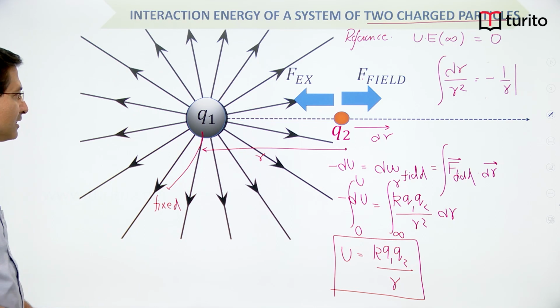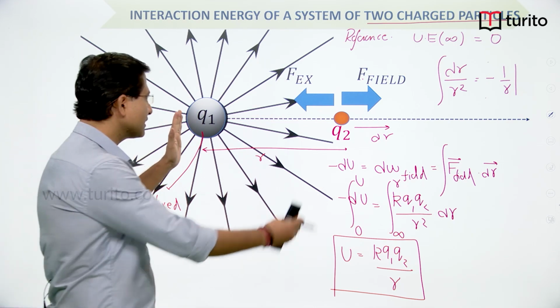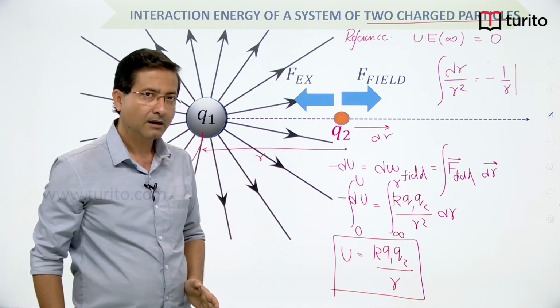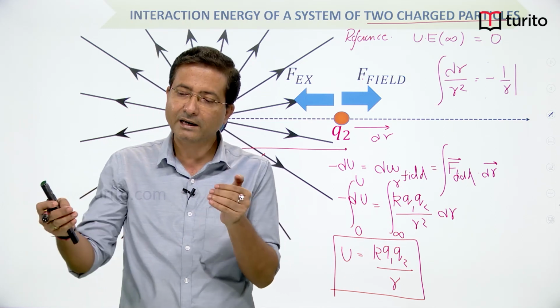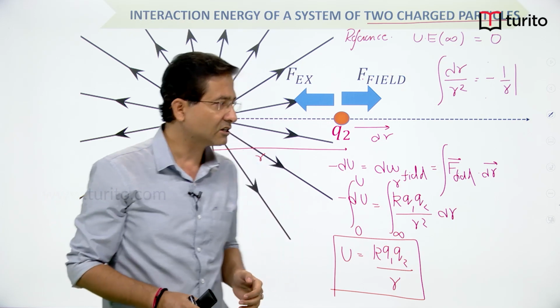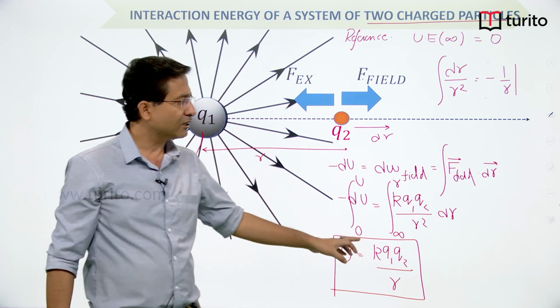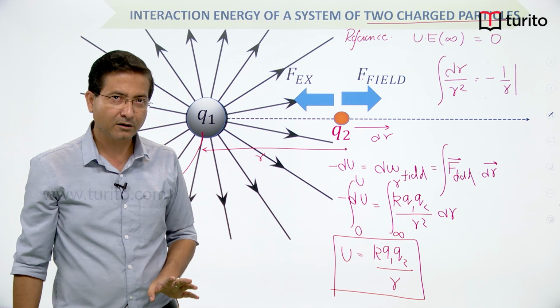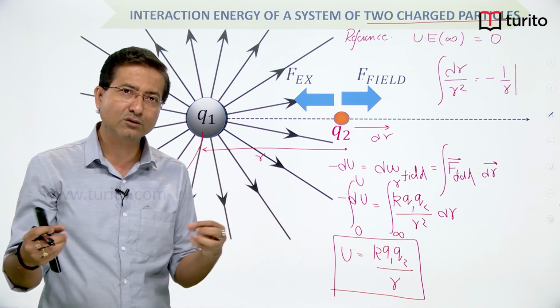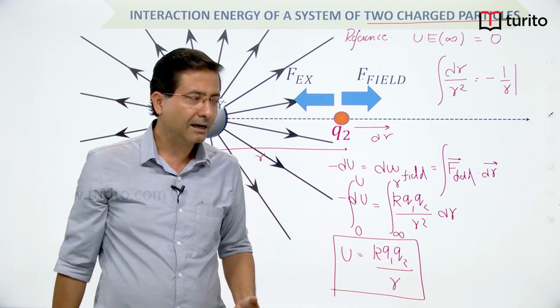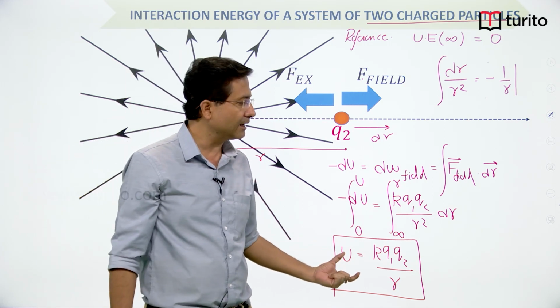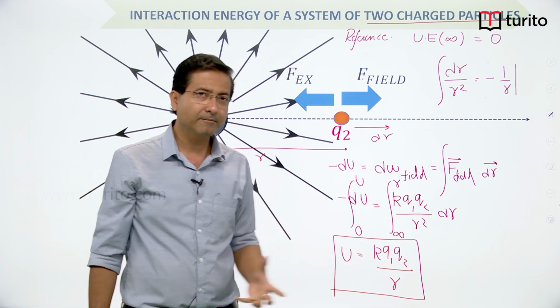So, two point charges at distance r: the system will have interaction energy, which is k q1 q2 by r. Because of the interaction of these two charged particles, the system will have potential energy, and that potential energy we are defining as k q1 q2 divided by r.